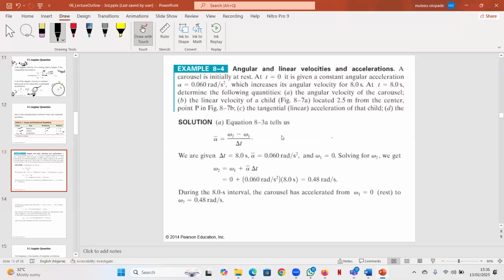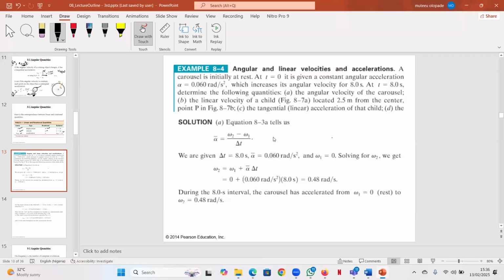So now we have an example. A carousel. A carousel is what is used in the airport. When you arrive at the airport, you see your baggage moving around it. That's what is called the carousel. It's initially at rest.